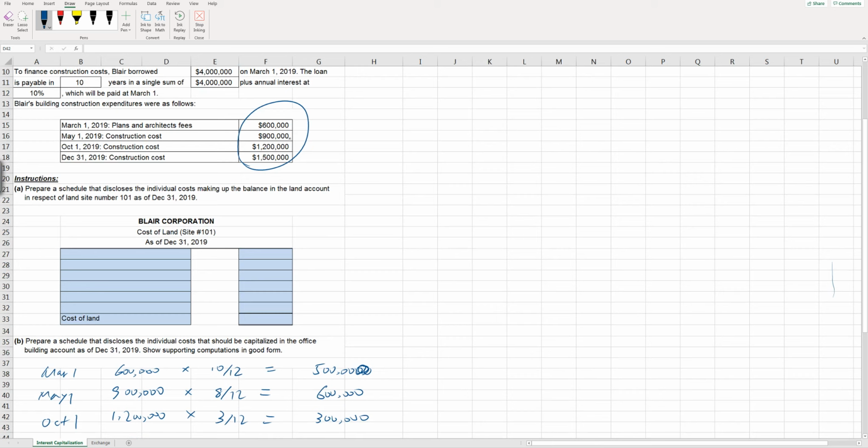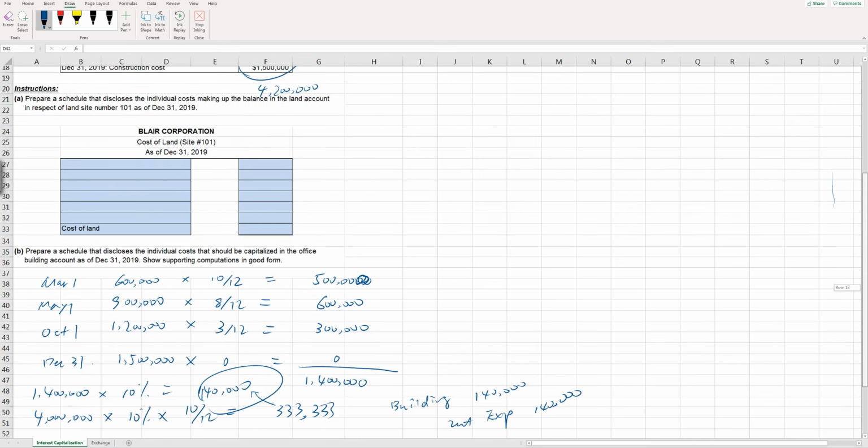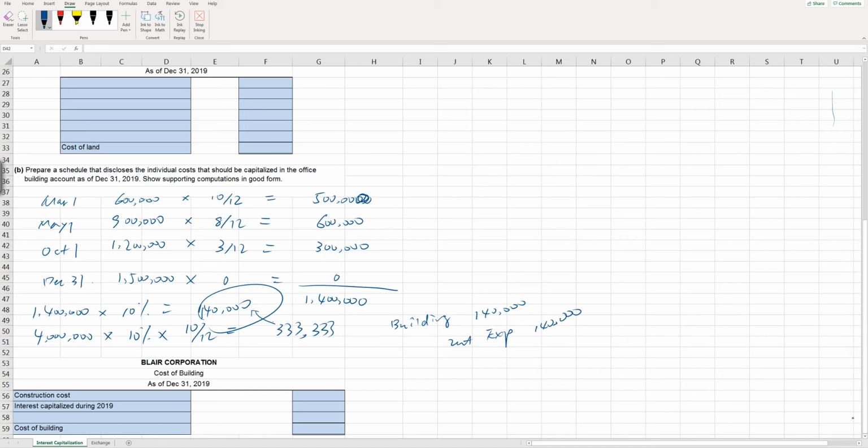All these expenditures will go to the cost of buildings. So if you do the calculation, the total number, $4.2 million.